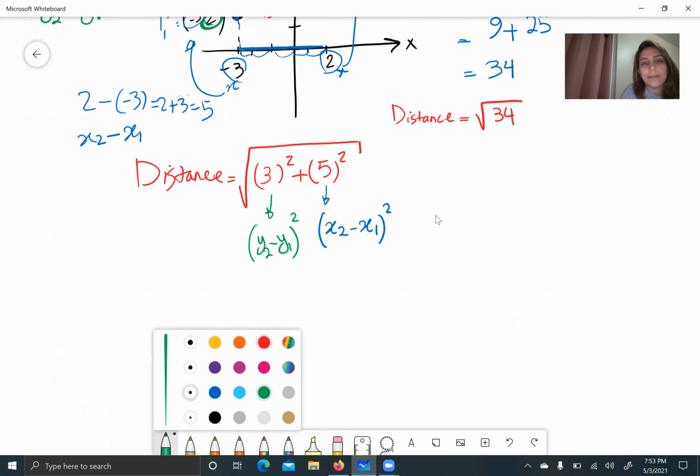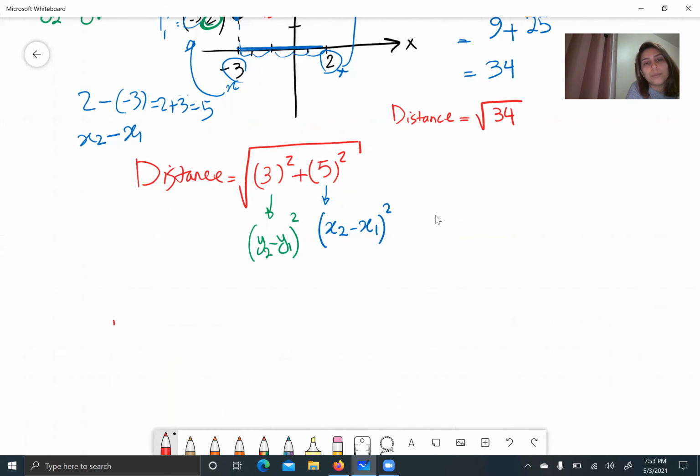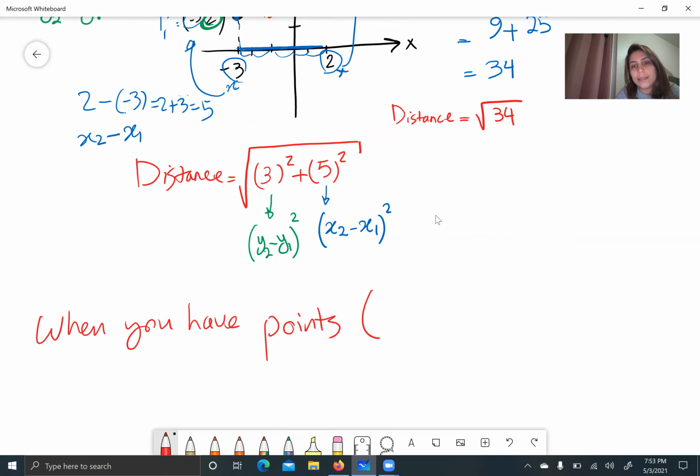So we can say that when you have 2 points, any point has coordinates, right? Such as x1, y1. I mean, any point has 2 coordinates, x value and y value.